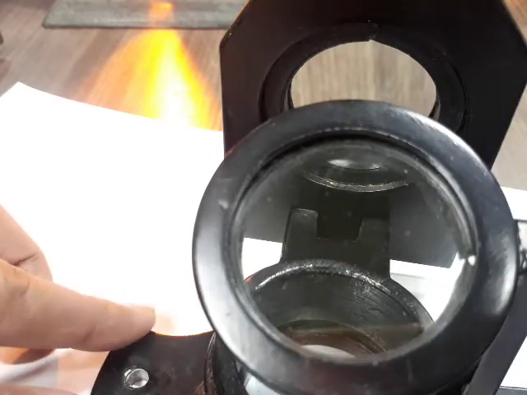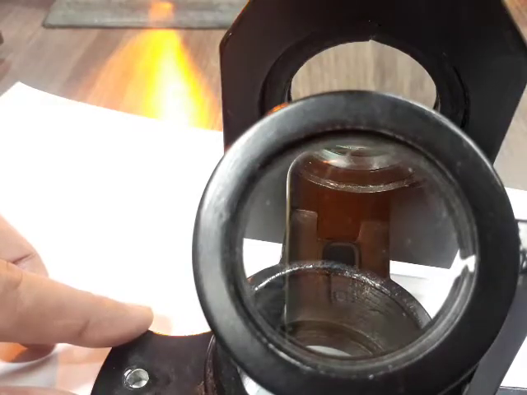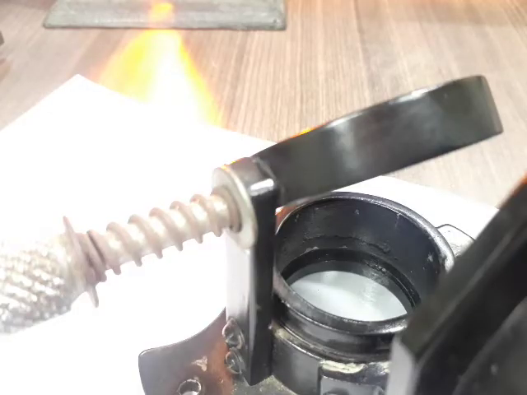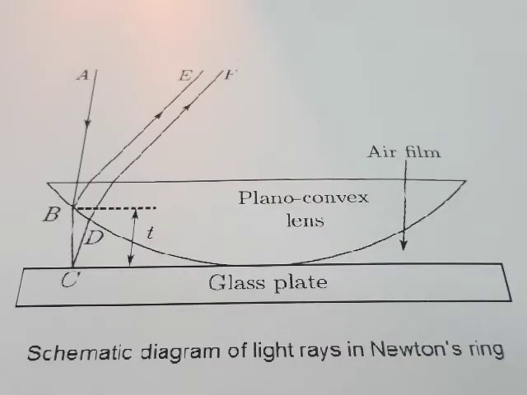At 45 degree of its placement, it partially reflects the light received from source through the convex lens towards the plano-convex lens and glass plate arrangement, and partially transmits the light received from plano-convex lens and glass plate arrangement towards the microscope. We can understand this situation with the help of this schematic diagram.